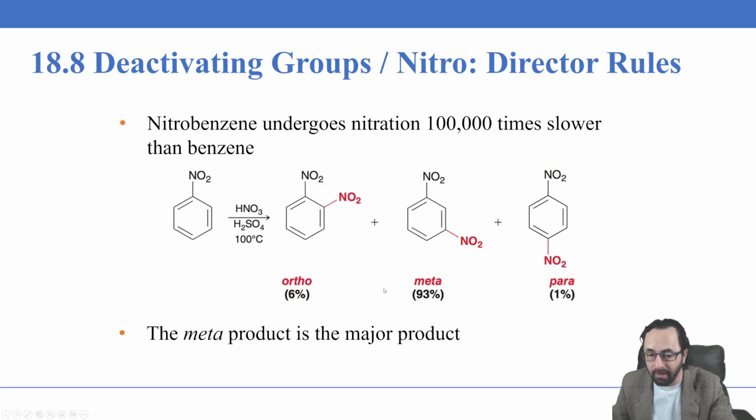So what we can see is that if we try to install a nitro group on a benzene ring that already contains one, it's going to heavily favor the installation of the nitro group at the meta position, and it's also going to be much, much slower than it would be because of that deactivation of the ring.